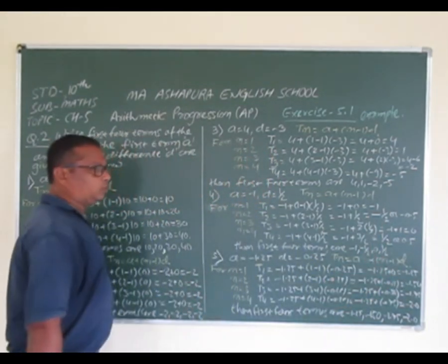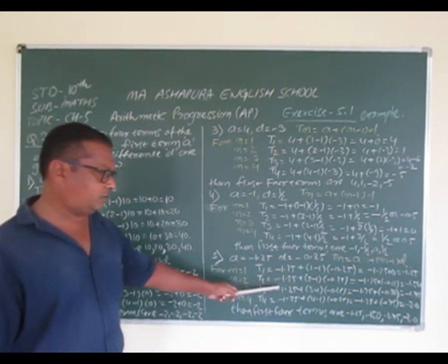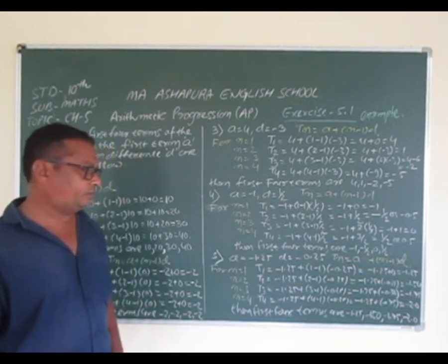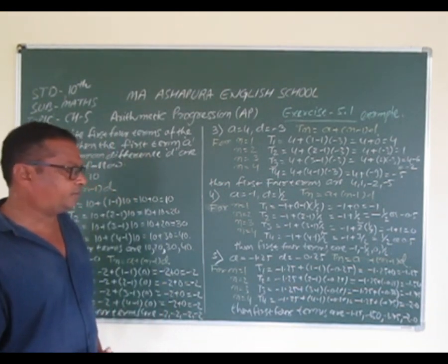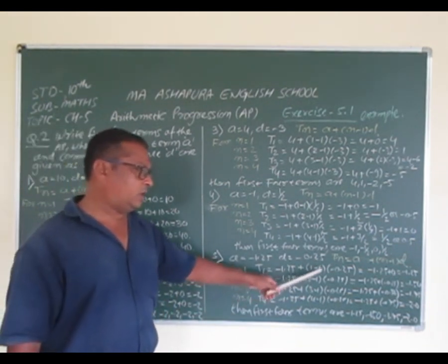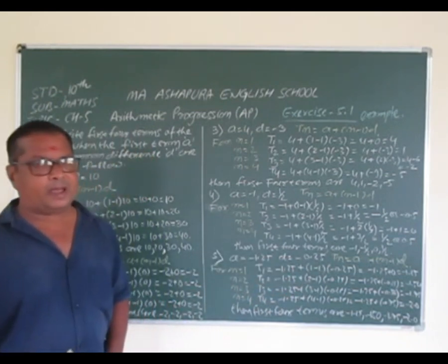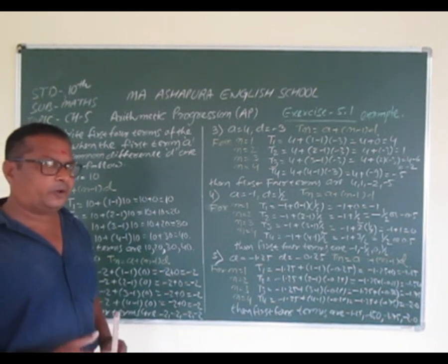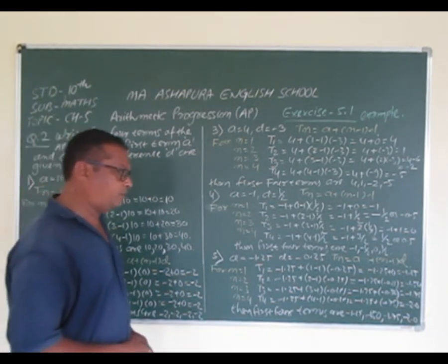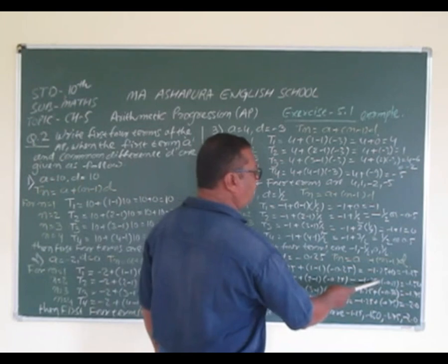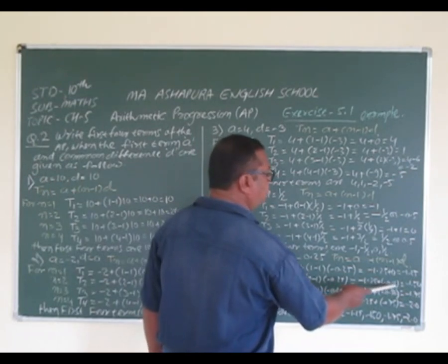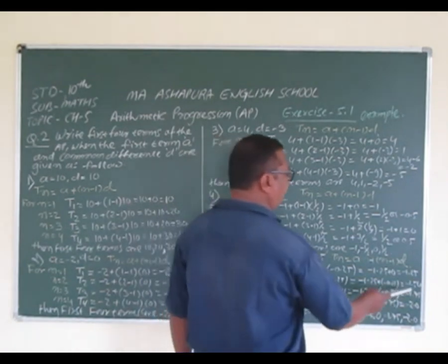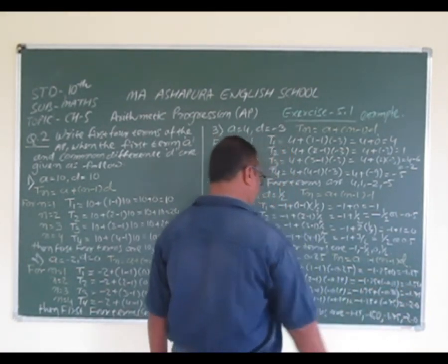Now n is equal to 2, therefore T2 is equal to minus 1.25 plus 2 minus 1 into minus 0.25. 2 minus 1 is equal to 1, so 1 multiplied by minus 0.25 is the same number. Therefore minus 1.25 plus minus 0.25, we finally get minus 1.50.